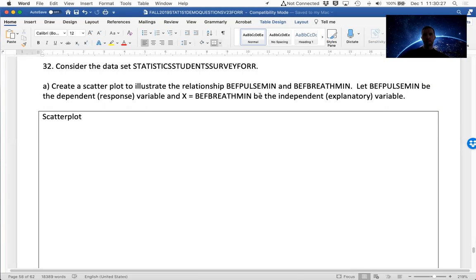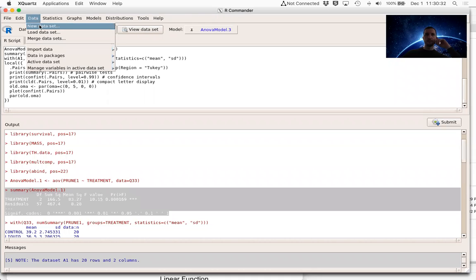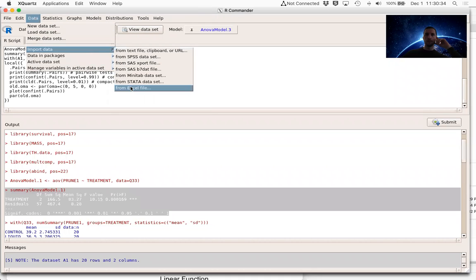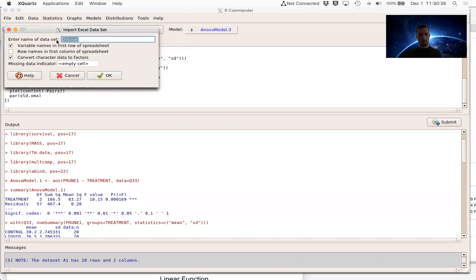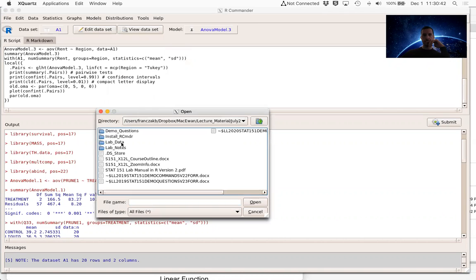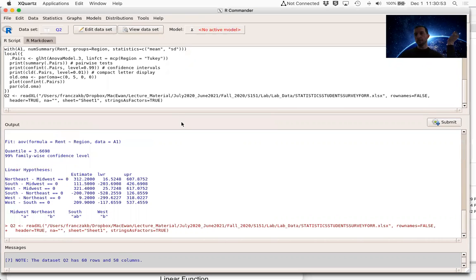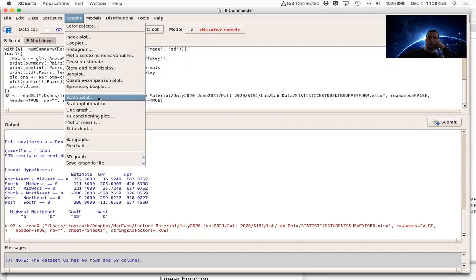So in our CMDR, we have to load the data first. So import from Excel, Q2, okay, lab data, and then statistics survey for R. Okay, so if we want to build scatter plots in R, we go graphs, and then we go scatter plot.